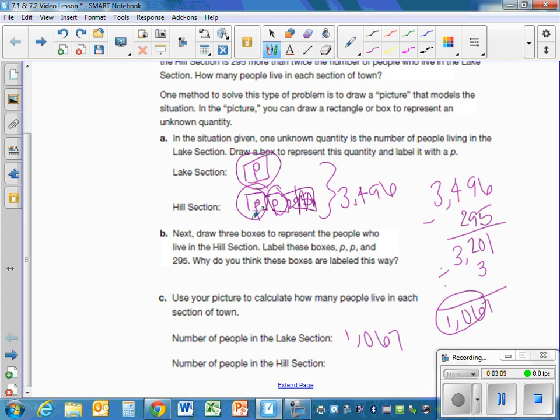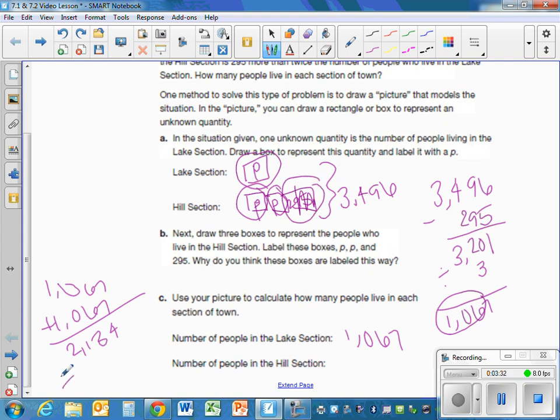Now to find the hill section, we need to add together 2 P's. So I can add 1,067 plus another 1,067 because there's 2 boxes with a P in them. When I add those together, I get 2,134. And then I also need to look back, and here we had 295.